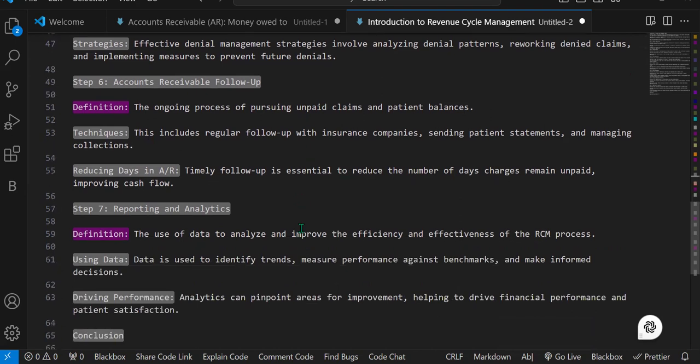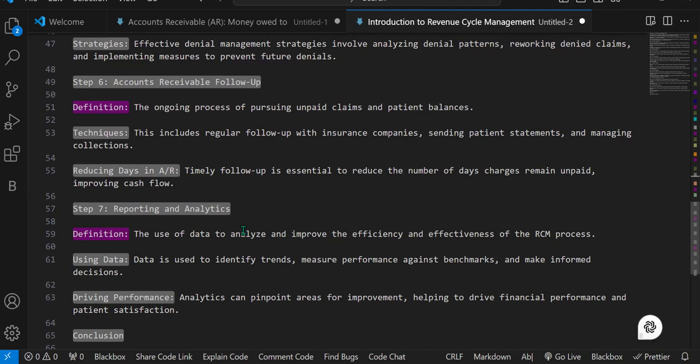Reporting and analytics: the use of data to analyze and improve the efficiency and effectiveness of the RCM process. What is the meaning of the definition? The use of data. You will have some data, right?